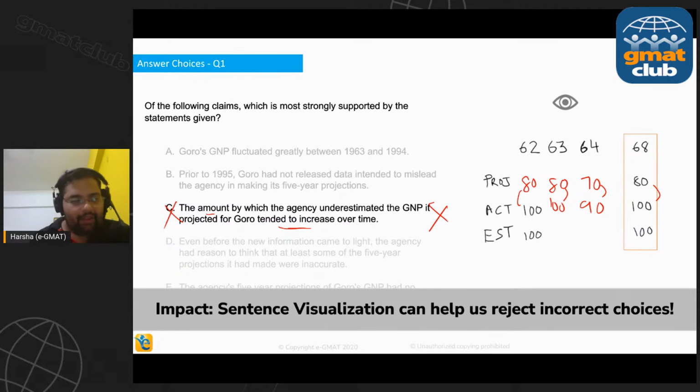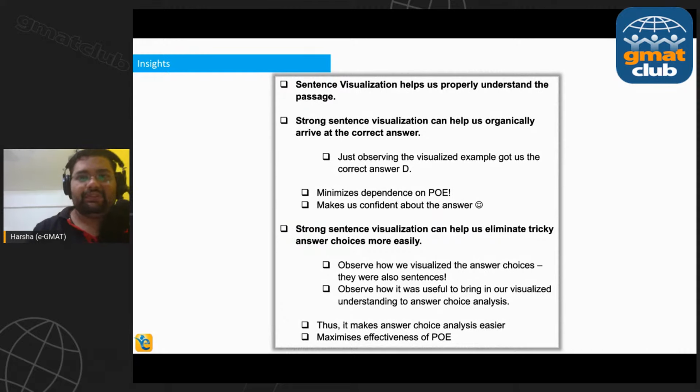So, any learnings, anything useful that you learned? The key point for me to remember is that process of elimination is great, but you could actually arrive at this organically. Sentence visualization helps us properly understand the passage. We saw those principles at work. I took examples because I felt the sentences were complex, and I needed to do that to understand what's happening here.